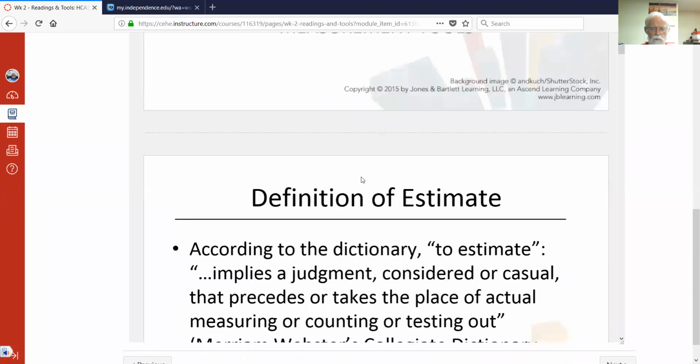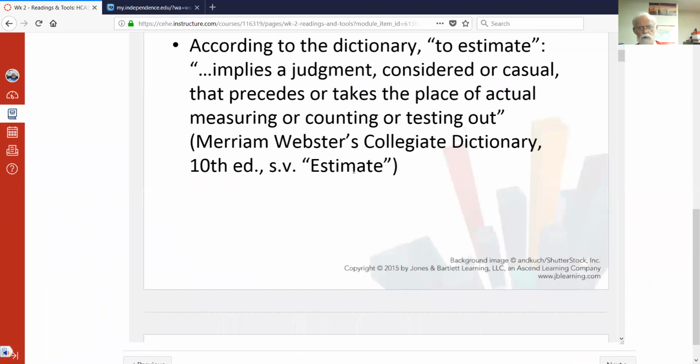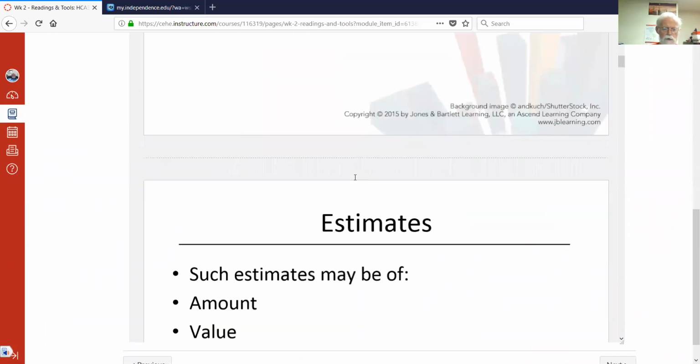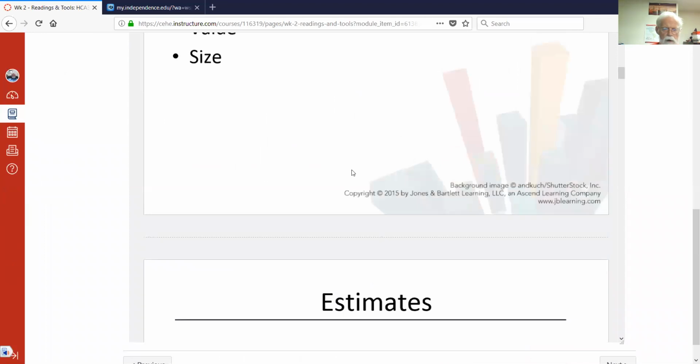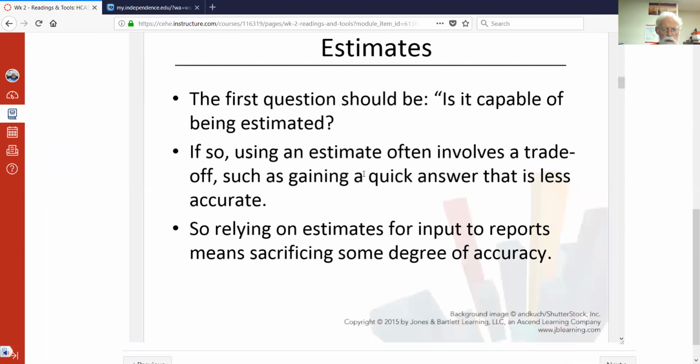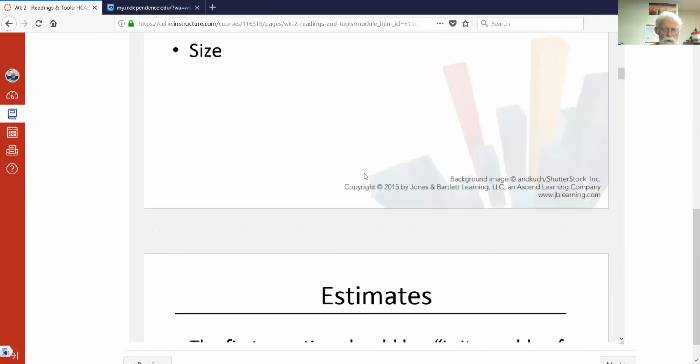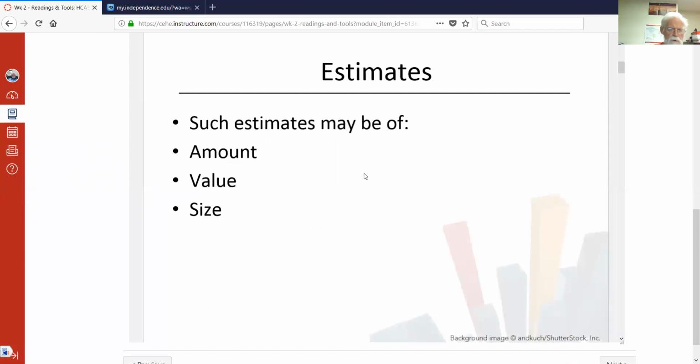Estimates, benchmarking, and measurement tools. Estimates are something that you're going to do. Estimates can be of sales amounts. It can be of the estimate of the value of our equipment, or size, meaning the amount of material used.